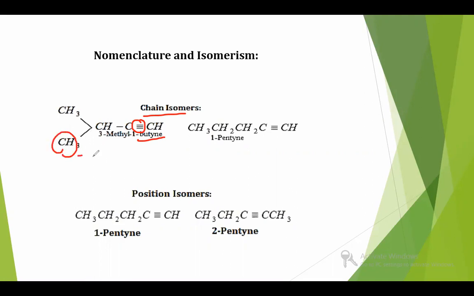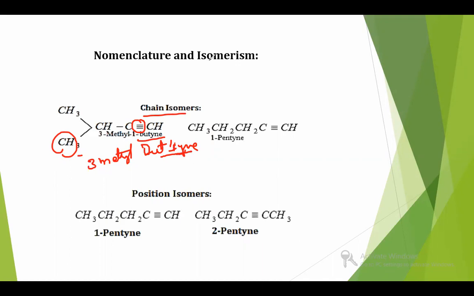So the IUPAC name of the compound is 3-methylbut-1-yne. Similarly, the total is 3 plus 2, that is 1, 2, 3, 4, 5 carbons.